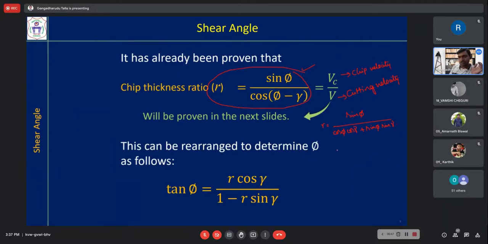So if you take this, you can write sine phi is equal to R cos phi cos gamma plus R sine phi sine gamma. Just for your understanding, I am doing all this. Otherwise, directly you can write this.